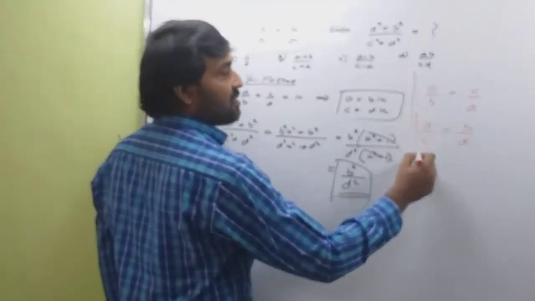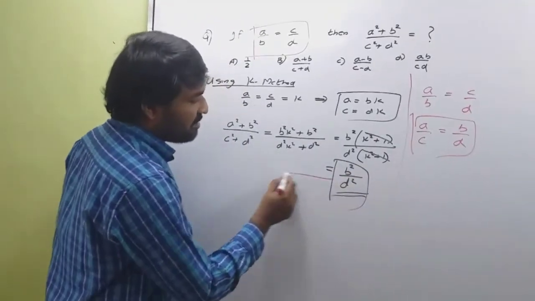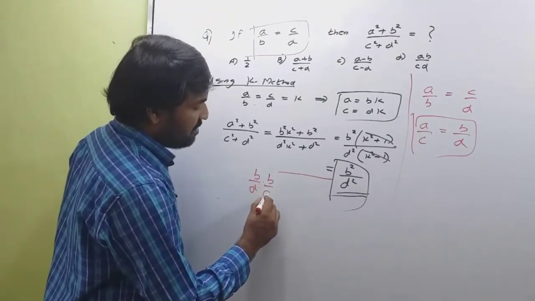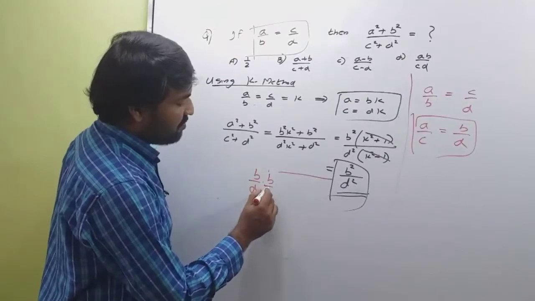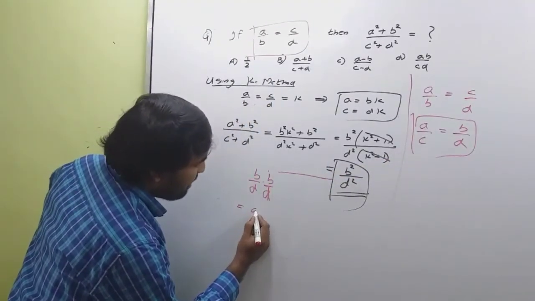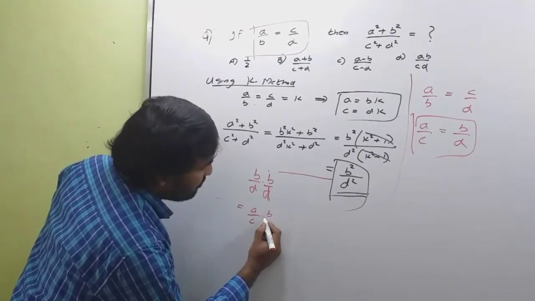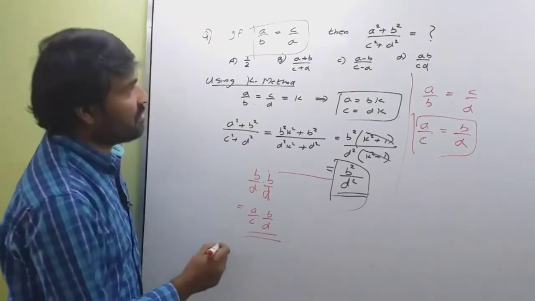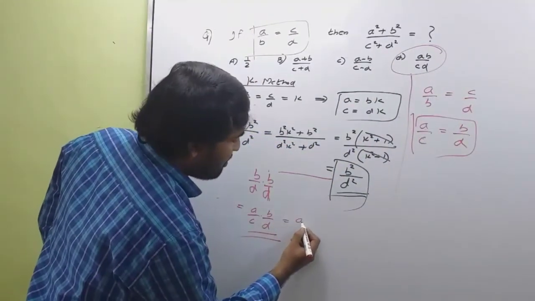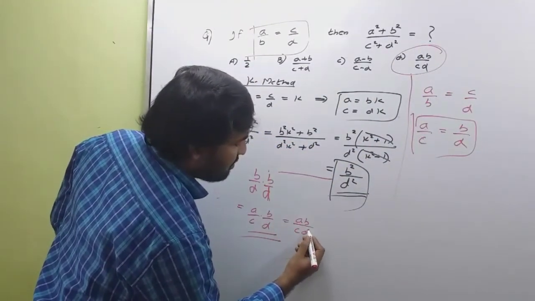So a by c is equal to b by d. So we can write this is equal to b by d into b by d. For one b by d, we can replace by a by c. So this is equal to a by c into b by d. So this is our option. That is ab by cd.